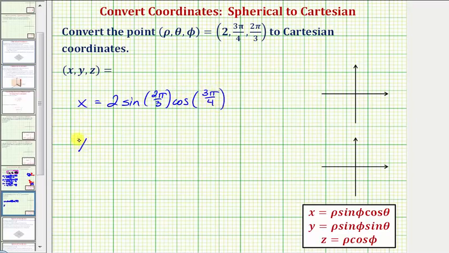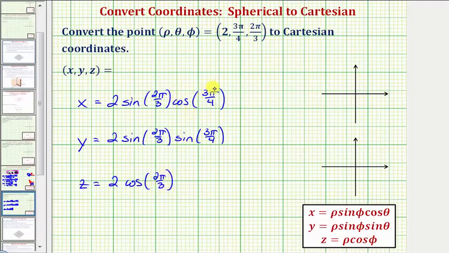And then y is equal to ρ times sine φ times sine θ, which would be 2 times sine 2π/3 times sine 3π/4. And finally, z is equal to ρ times cosine φ, which is 2 times cosine 2π/3.